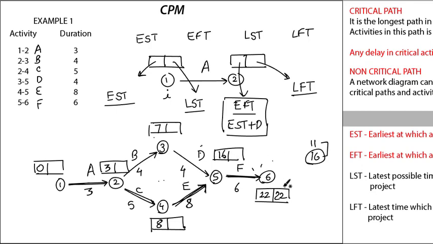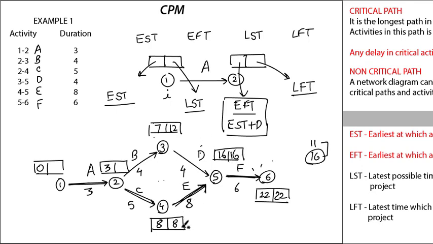So coming to the fifth node, 22 minus 6, that is 16. 16 is nothing but the latest start time of activity F. So activity F can start latest at 16 and finish latest by 22. And similarly going back, 16 minus 4 will give me 12 over here, and 16 minus 8 will be 8.